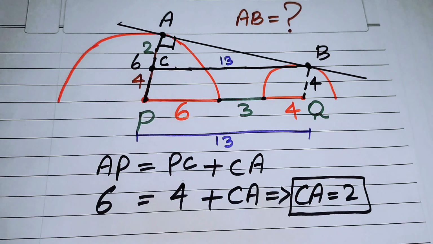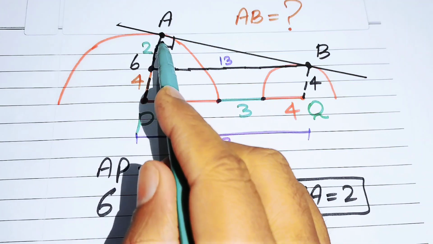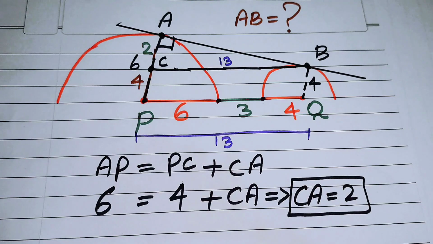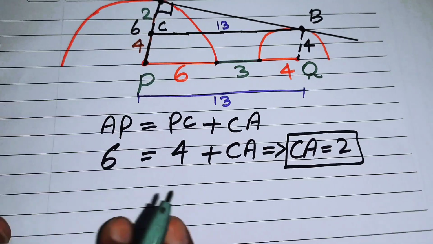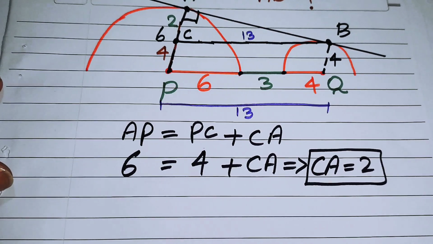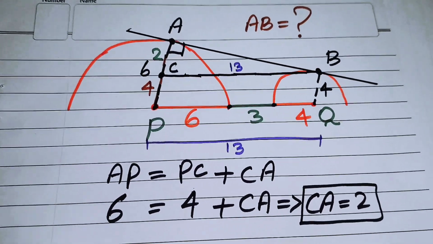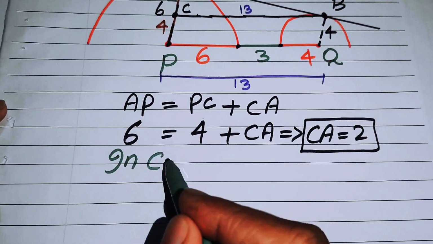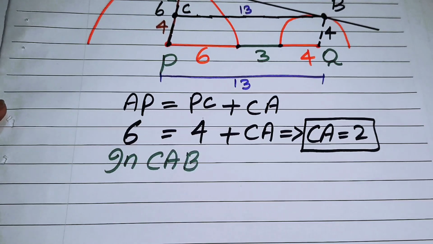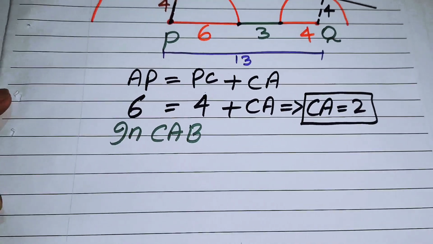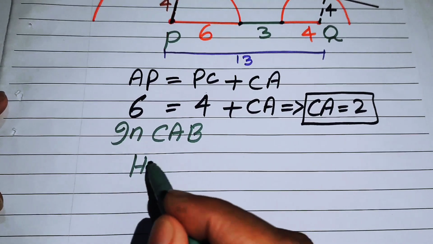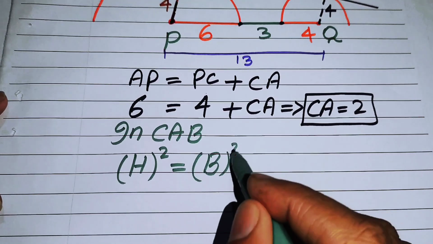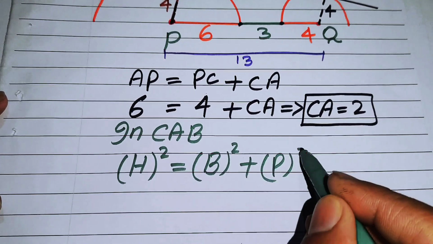Now you see the right triangle CAB. In a right triangle we apply the Pythagorean theorem. So first we focus on the right triangle CAB. The Pythagorean theorem looks like this: hypotenuse squared equals base squared plus perpendicular squared.